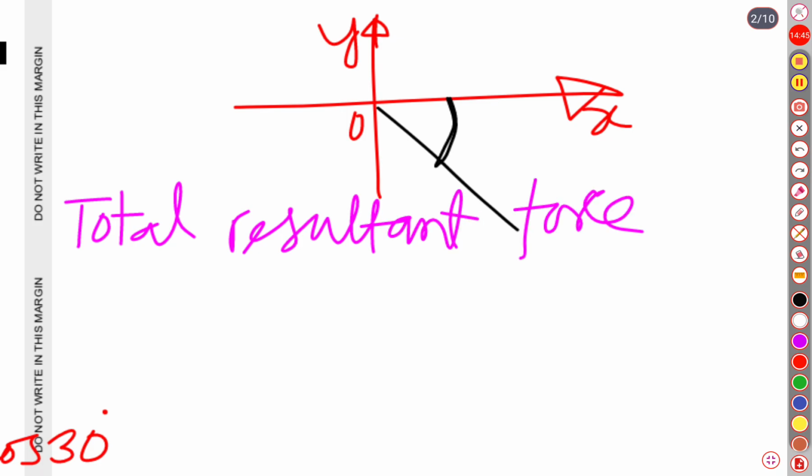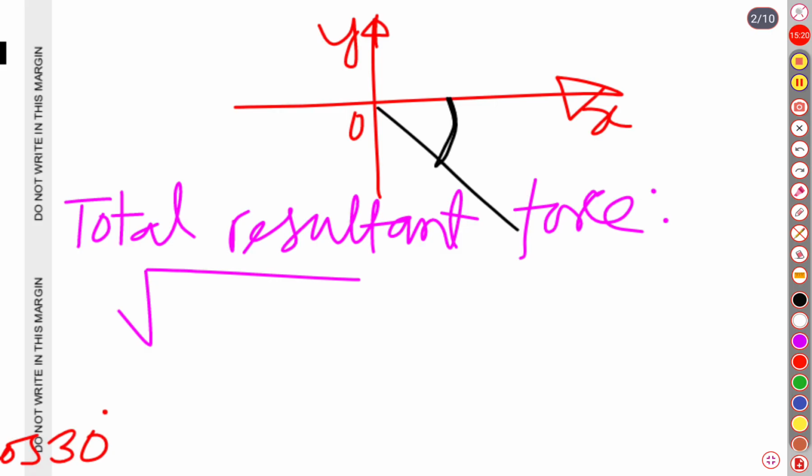How can we find the magnitude of this force? If we draw a triangle over here, and we want to find the magnitude, that means the hypotenuse. So the hypotenuse is equal to the square root of the horizontal component squared plus the vertical component squared.